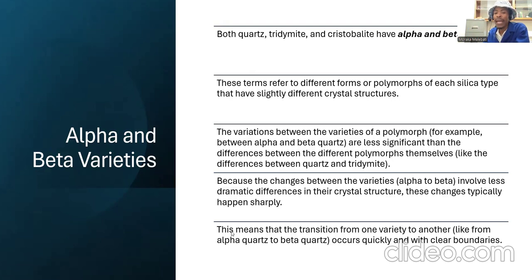This means that the transition from one variety to another, like from alpha to beta, occurs quickly and with clear boundaries. But when you are changing quartz to tridymite or tridymite to cristobalite, it takes time. It does not happen quickly. But these alphas to betas, it happens quickly.